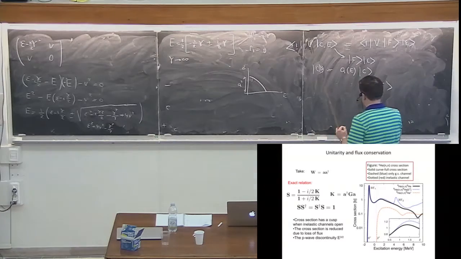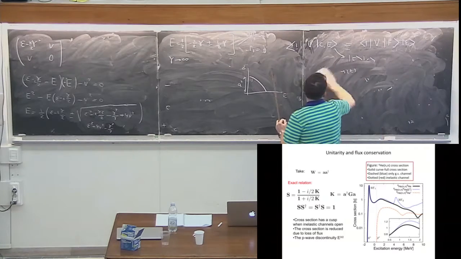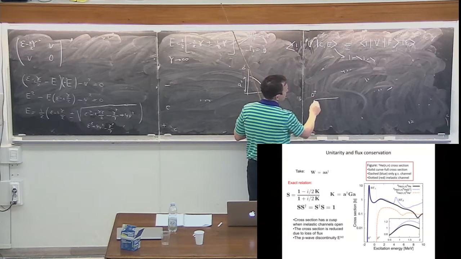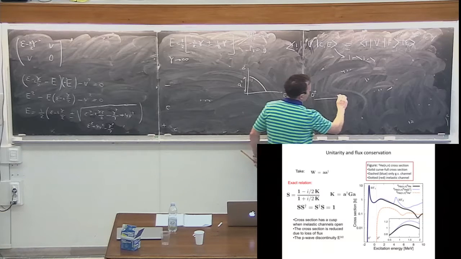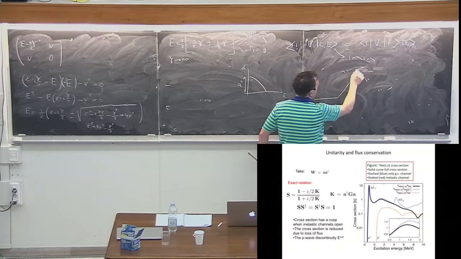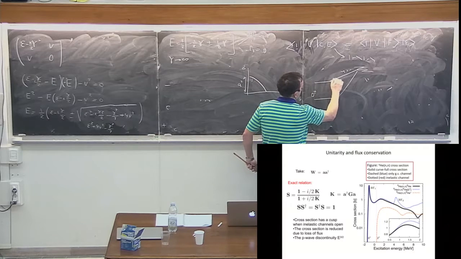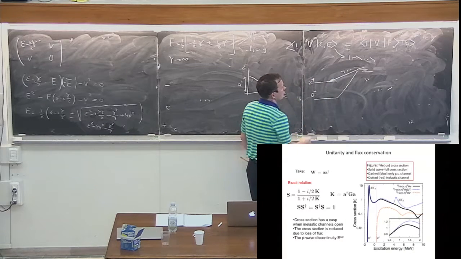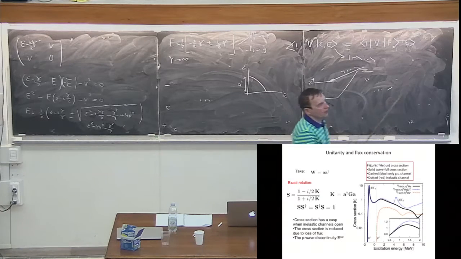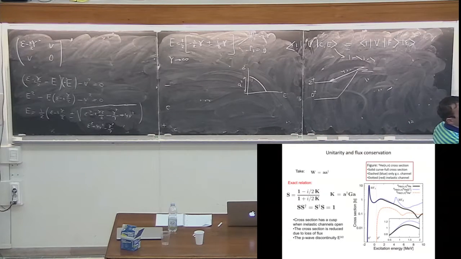Basically, if you start here, this is your 0 plus, then you go up to a resonance, and then you can come back to a 2 plus. So this is going to be our inelastic channel, but you have to have enough energy. So starting here, you have a threshold, which opens new energy.